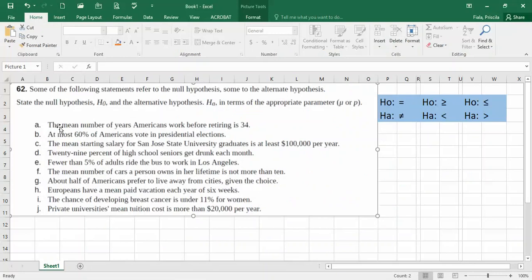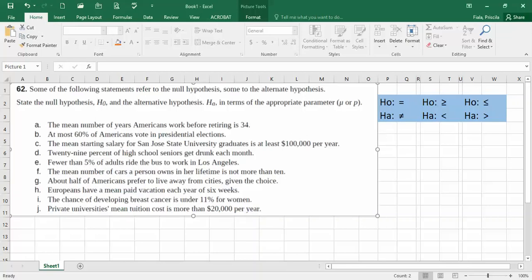So it states the null hypothesis and the alternative hypothesis. Here we go, this is represented by H0, and this is represented by HA, in terms of the appropriate parameter of mean or proportion, which in chapter 9 we're going to be working with single mean and single proportion. So right here is talking about the mean.